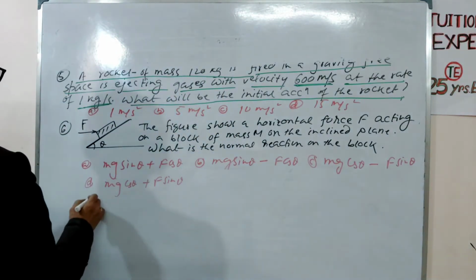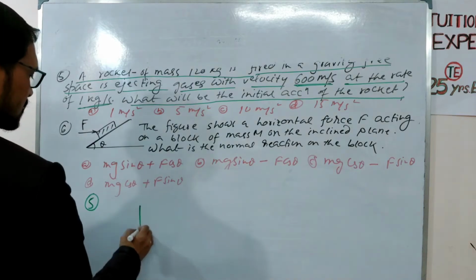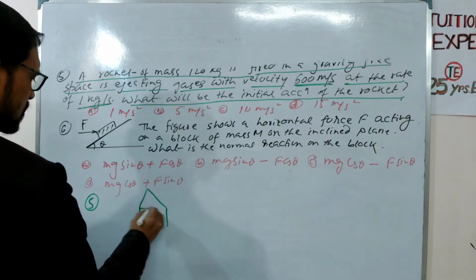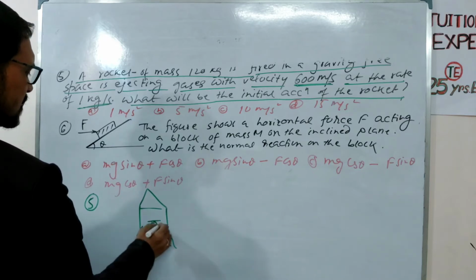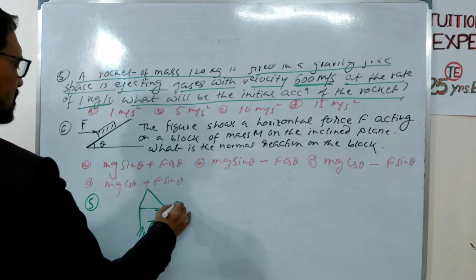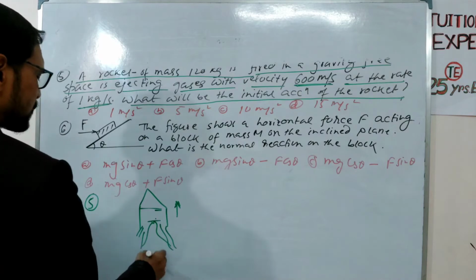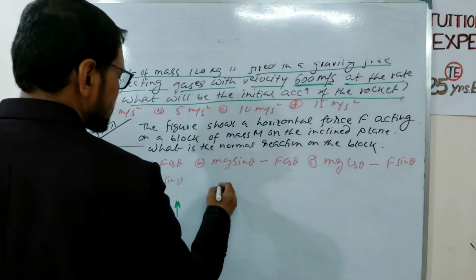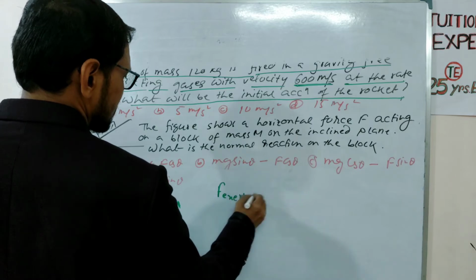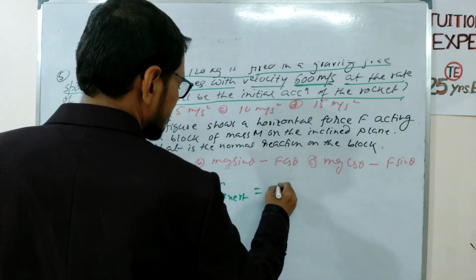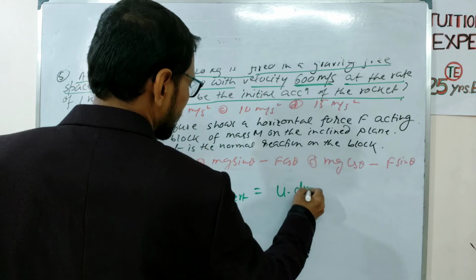So solution for 5. When the rocket moves upward, what is the force exerted on the rocket? Force exerted on the rocket is actually u into dm by dt.